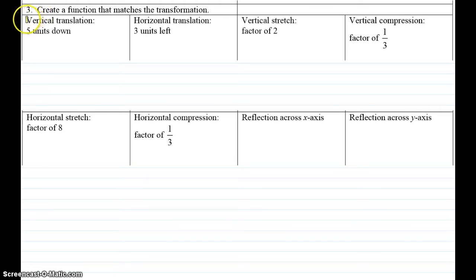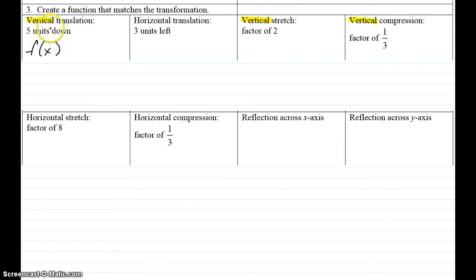Alright, so for number 3, create a function that matches the transformation. Remember that anything vertical is intuitive. When we write the function, it's going to look like what it does. So I'm just going to start with a generic f of x.